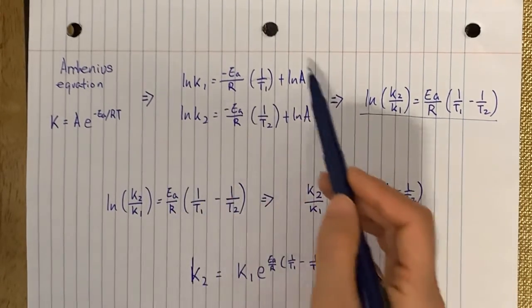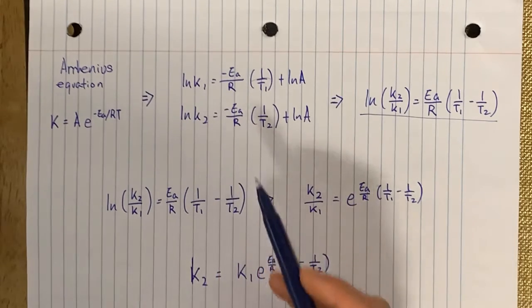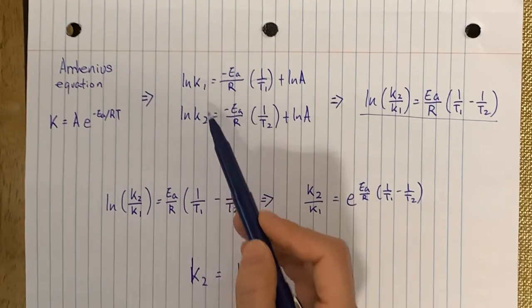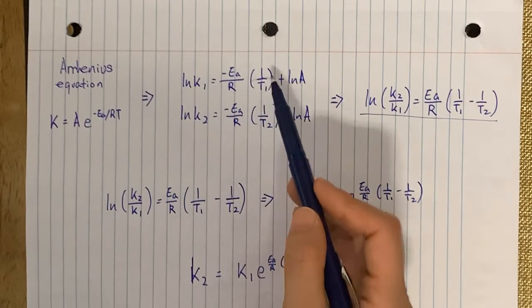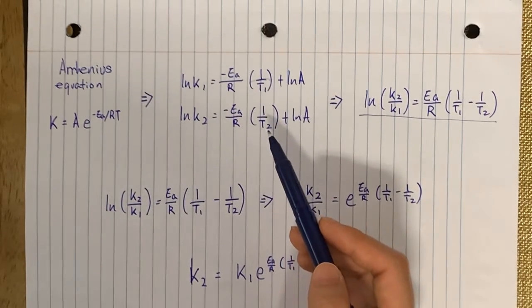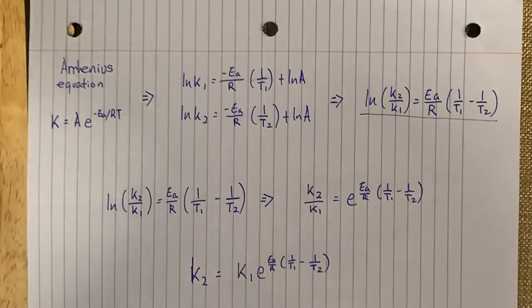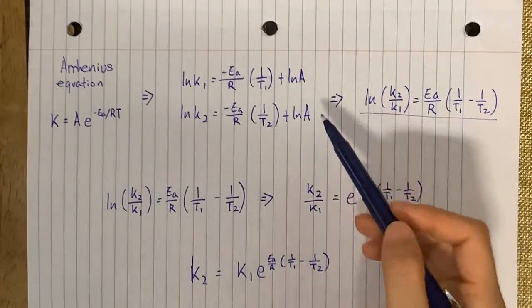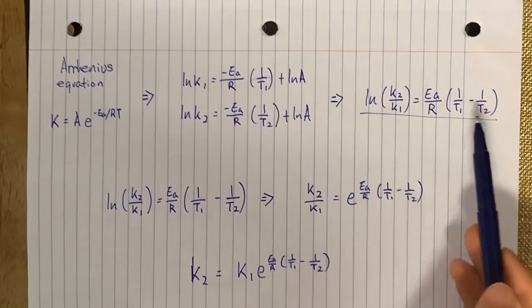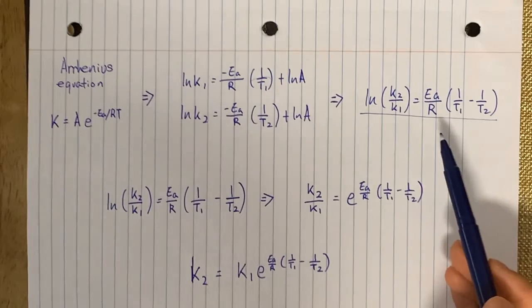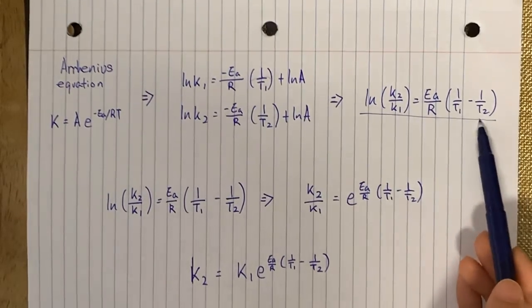Here's the natural log form of the Arrhenius equation. We have two different rate constants since we have two different temperatures. The two equations can be put together in this form to determine K from the two different temperatures.